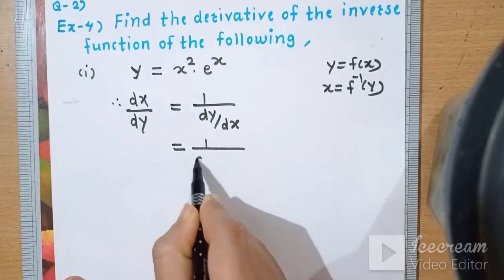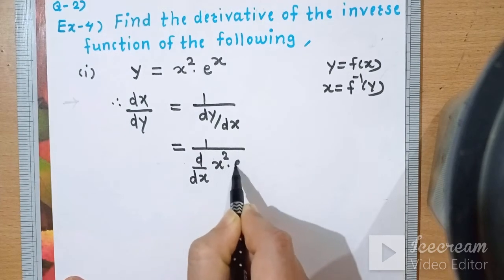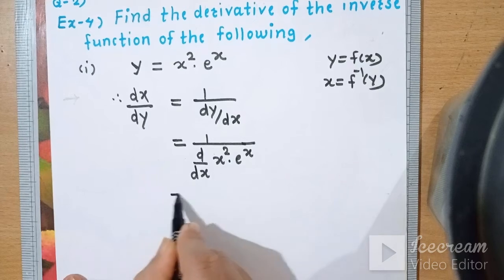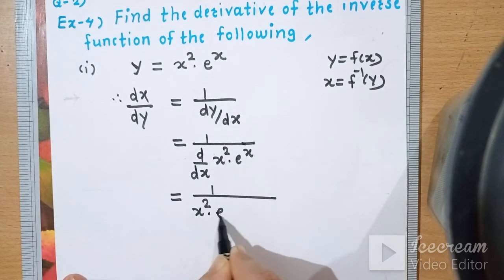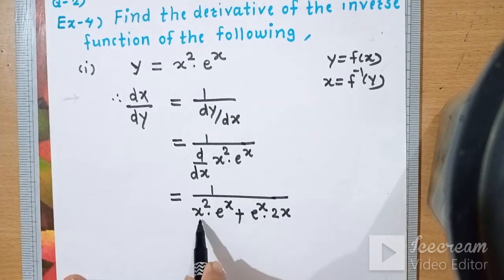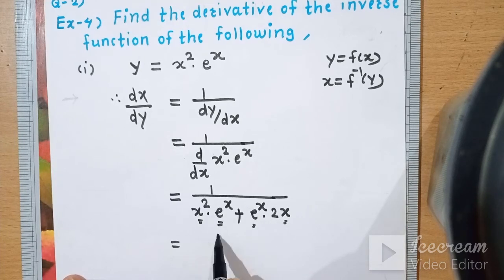So here 1 upon d by dx of x square dot e raised to x. Now since this is a product of two functions, we will use the product rule. So that is equal to first term as it is, derivative of second is e raised to x, plus second term as it is, derivative of this is 2x. Now from these two terms, x and e raised to x are common, and so the final answer is 1 upon x e raised to x plus 2x.